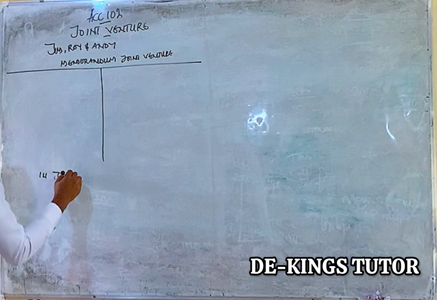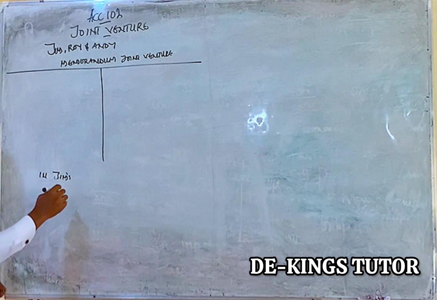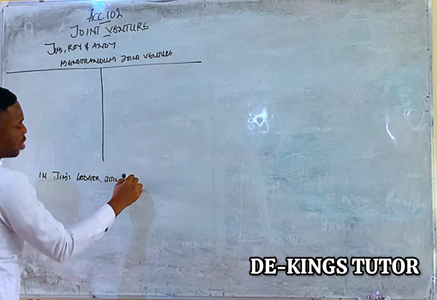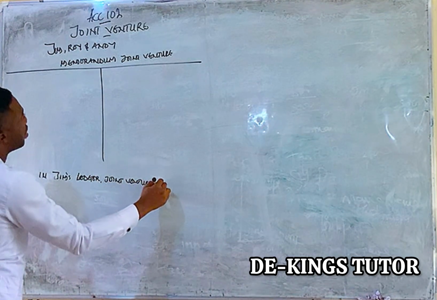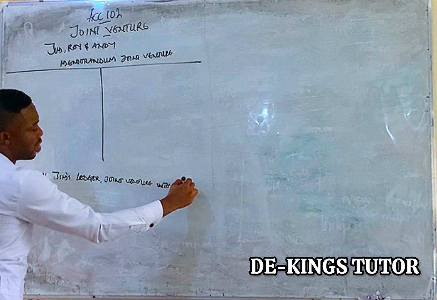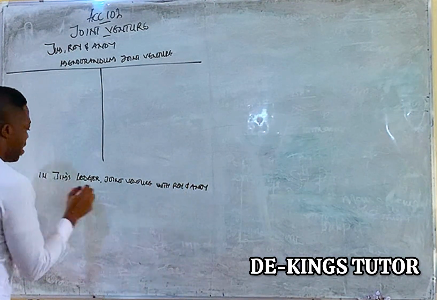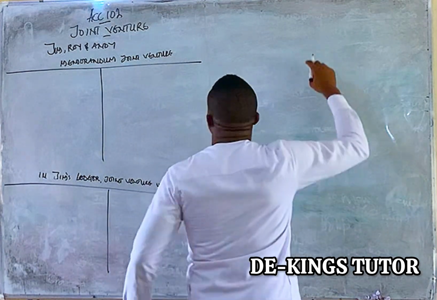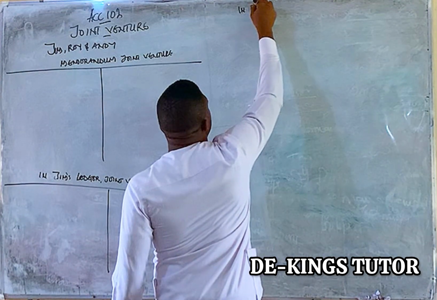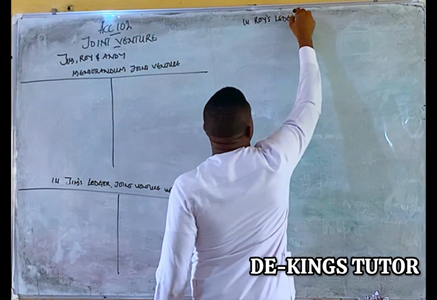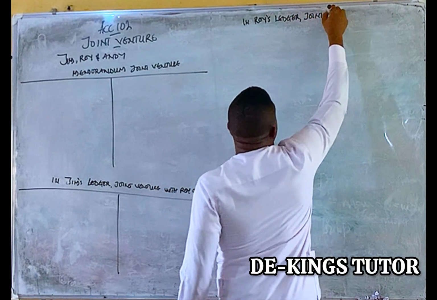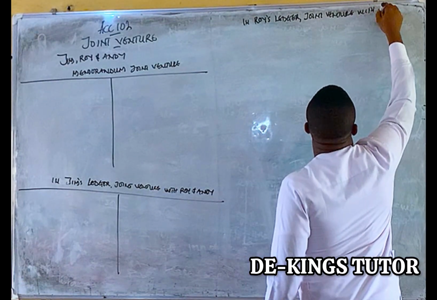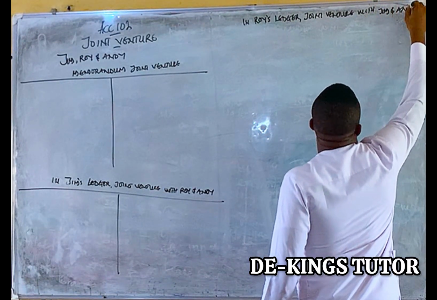So we said in Jim's ledger, joint venture with Roy and Andy. Now this is for Jim. The next one, in Roy's ledger, joint venture with Jim and Andy.